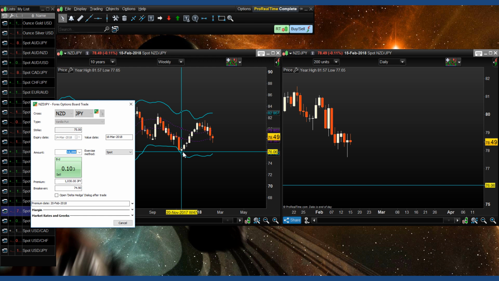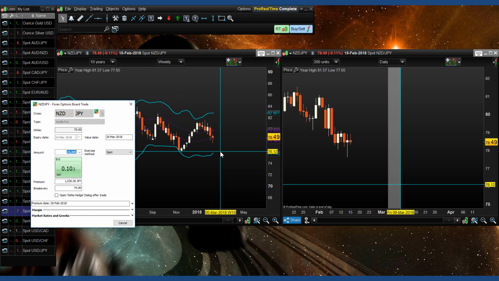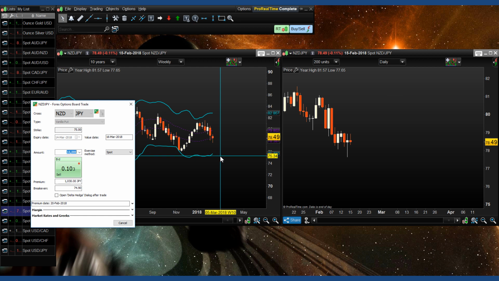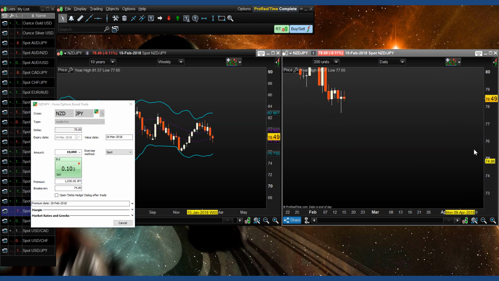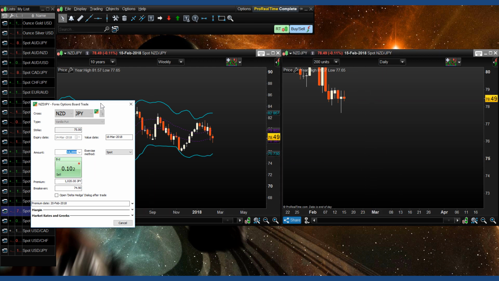So there's extra distance. This could be acting as support that could hold price up for the next 4 weeks. Selling an option at 75 just makes more sense than selling a put option at 81. On the daily chart, 75 is all the way down here. So there's quite a lot of room for protection.